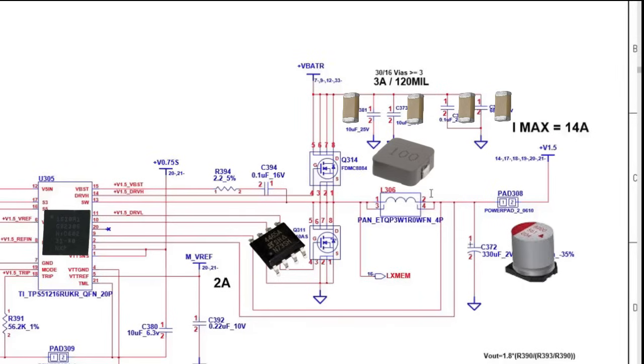If you find the short on this side, means you have a problem with this MOSFET or the IC. But if you find the short on this side when you remove the inductor, means you have a problem here. As you can see, you have a problem with this capacitor.